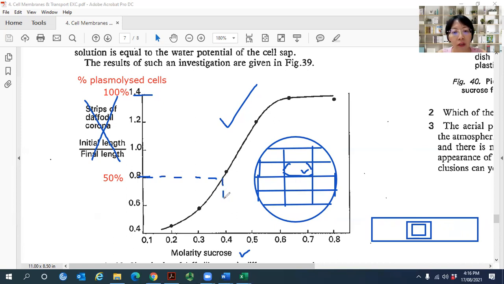This is the concentration that tallies with the water potential of the cell. Whichever concentration gives 50% of the total cells that you see plasmolysed, this is the concentration that has similar water potential to the cell. So from there, you can go to a table to convert this 0.5 molar to kilopascal. So this is another way to find out the water potential of the cell. This is the last one I'm going to teach you today, and that's all.